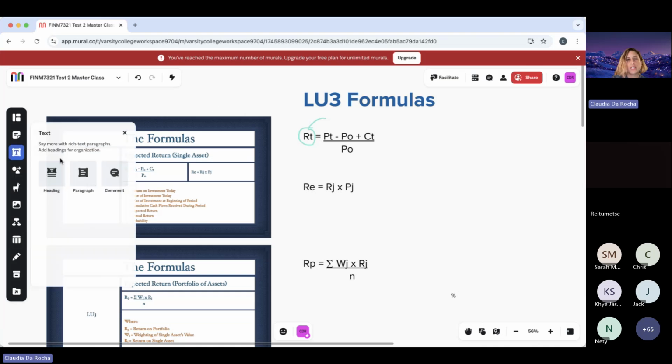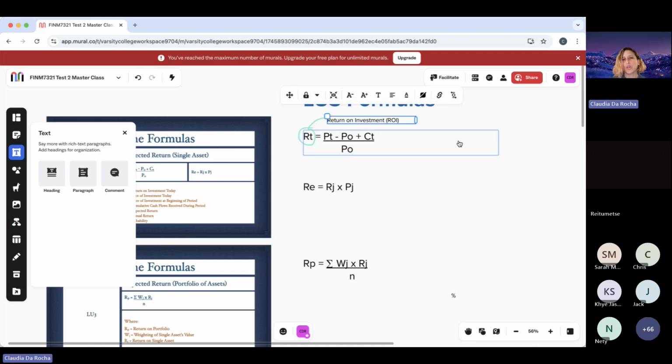So if you see anything where they say return on investment, you know that that's also what they're talking about. There are other formulas that represent return on investment, but for your specific purposes and for learning unit 3, it is just this formula. So don't worry about any other return on investment formulas that you may know.